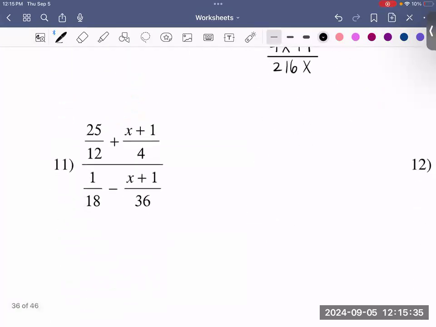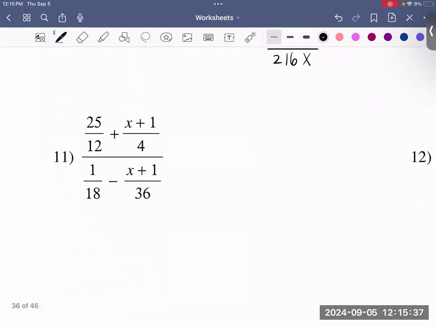Now we have 2 more. And you'll notice that in number 11, your denominators, they do share ideas in common. So 12 has 3 and 4 in common. This 4 matches this one, meaning that this 3 just needs to be multiplied by this 4. And what you do to one side, or on the top, you need to the bottom. Now, because this is a binomial, you do need to put parentheses around it so that you can distribute evenly throughout the expression.